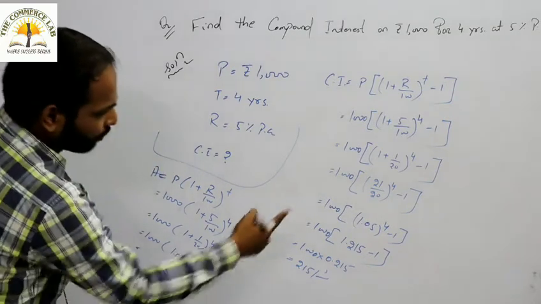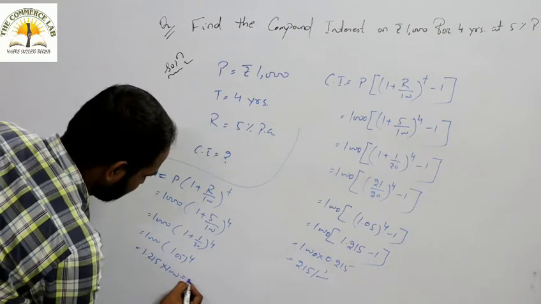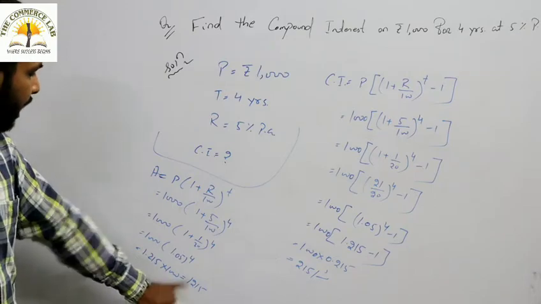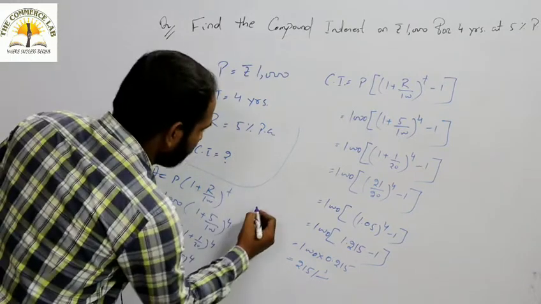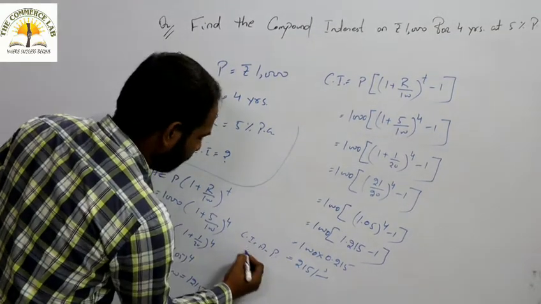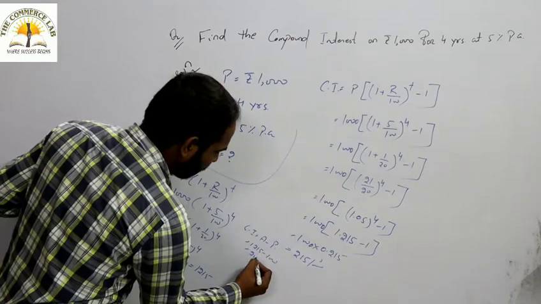So 1.05 to the power 4 is 1.215 multiplied by 1000, equal to 1215. So this is your amount. Then we know CI equal to amount minus P. So 1215 minus 1000 is equal to 215.